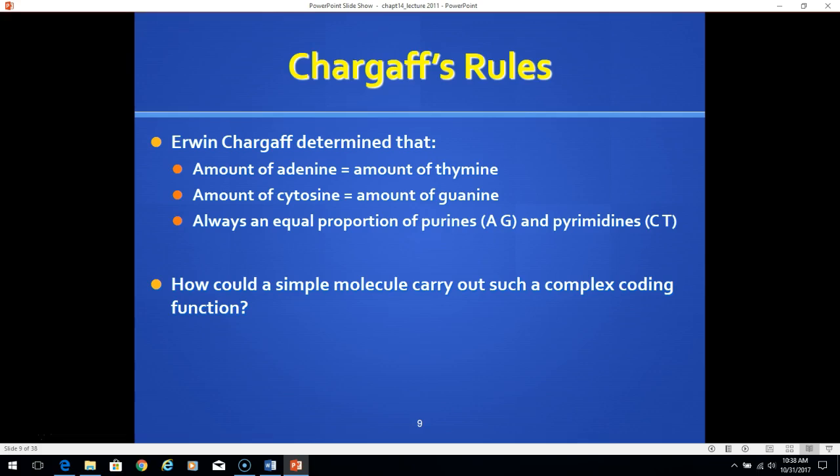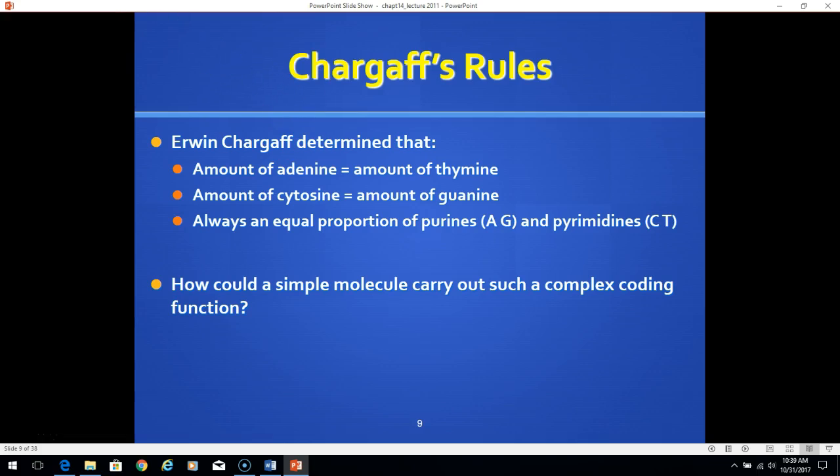But what he did was he actually took the genetics of dozens upon dozens of different species, looked at their DNA and tried to sort out the ratios of A's and T's and C's and G's. And what he found was in every single organism he looked at, the amount of A's and T's were equal and the amount of C's and G's were equal. And that helped lead us to the fact that DNA is a double helix. And we'll see that more as we go through.